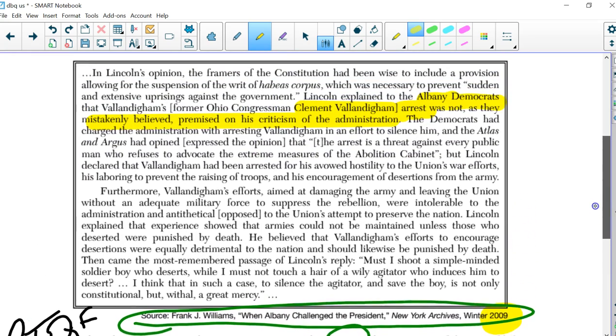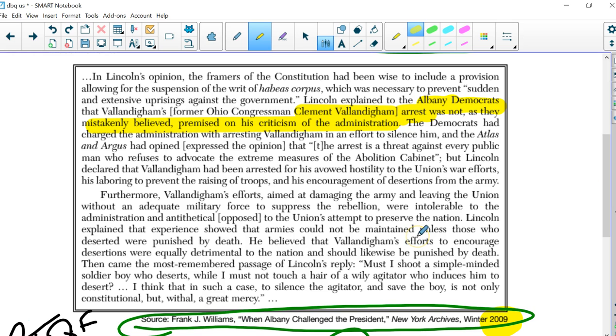Okay, one argument used to support. Let's see. Lincoln explained, and he believed that this guy should be killed. That's what he thought.